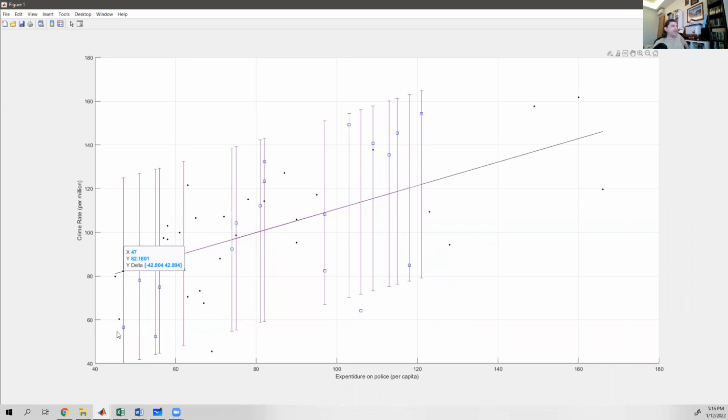It says that, for this specific x value, which is equal to 47, our model, our machine, let's call it machine so that it sounds cooler, predicts the state's crime value to be equal to 82.